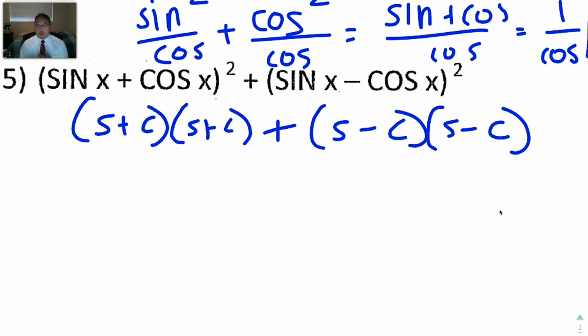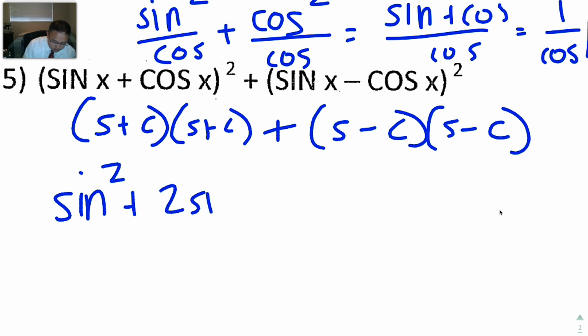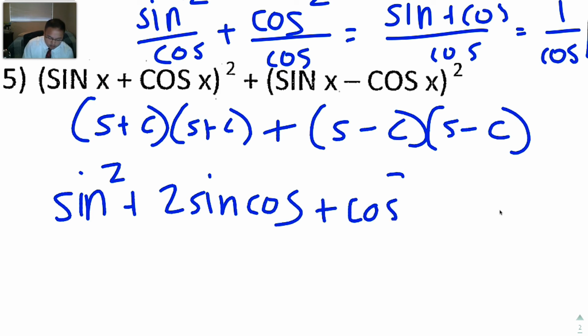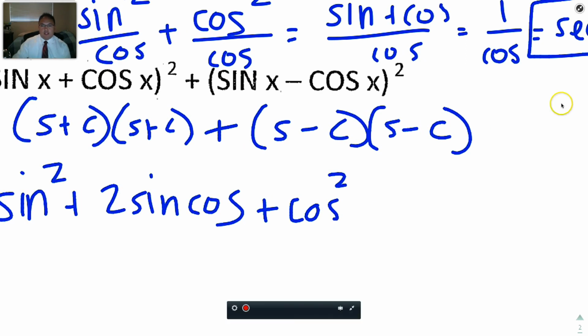So this part I'm going to go relatively quickly. If I do this, I'm going to get sine squared. I'm going to get 2 sine cosine when I multiply and add the two inside terms, plus cosine squared. So that's the first term. On the right term, I'm going to get almost the same thing.